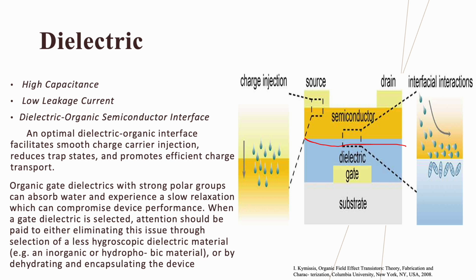Once charge carriers are injected into the organic semiconductor, they accumulate near the dielectric organic interface due to the presence of energy barriers that prevent them from freely moving deeper into the semiconductor. These energy barriers arise from the difference in the electronic structure between the dielectric and the organic semiconductor. Charge carriers accumulate near the surface. They can move through the organic semiconductor.